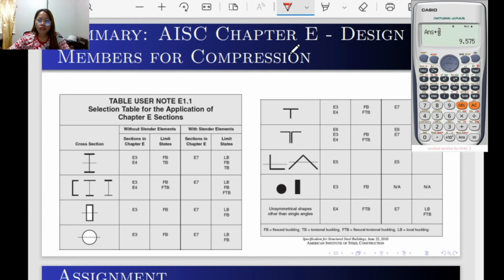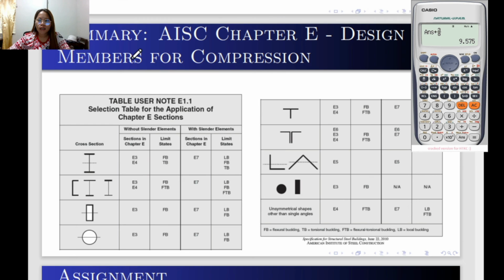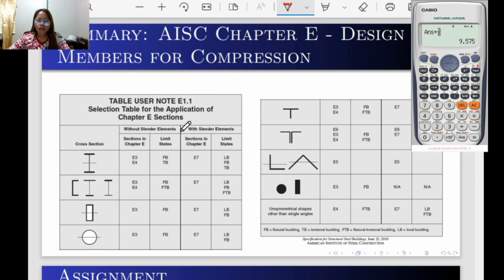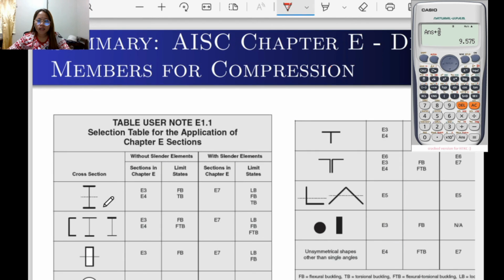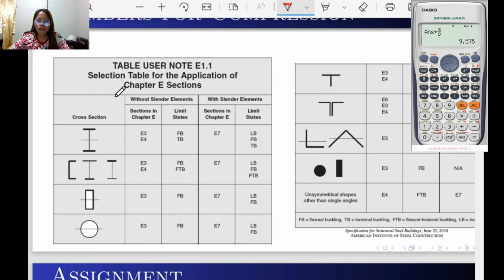So this table is the summary, no, for the design of members for compression and can be found in AISC chapter E. For example, you have this cross section, then for sections without slender elements, can be found in sections E3 and E4.